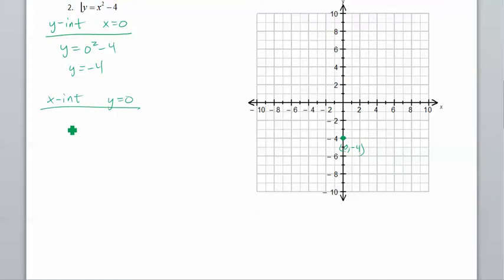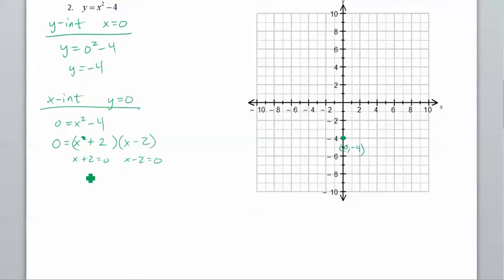All right, so y equals 0. So we'll go 0 equals x squared minus 4. And hopefully you recognize this as being the difference of squares. The 4 is 2 squared, and the x squared is x squared. So we'll go (x plus 2)(x minus 2), which means x plus 2 equals 0, or x minus 2 equals 0.